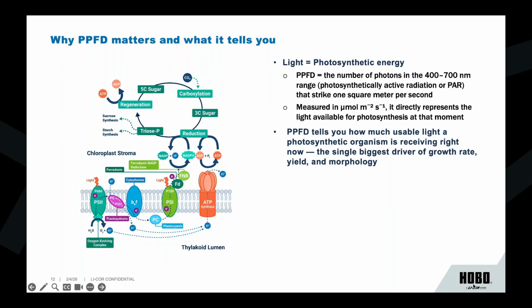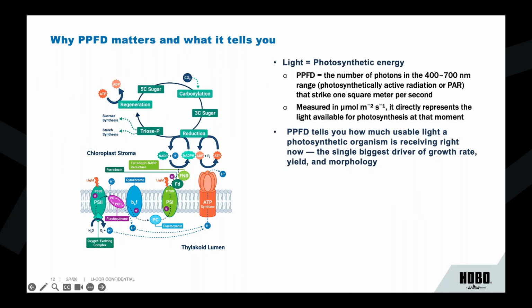So that then goes into what's called the light reactions of photosynthesis, which generate two of the important compounds for the carbon reactions of photosynthesis. I won't get into the plant physiology, even though I am a plant physiologist, but just so you know, this is why it matters. And we tend to talk about light that plants use in a couple of different ways.